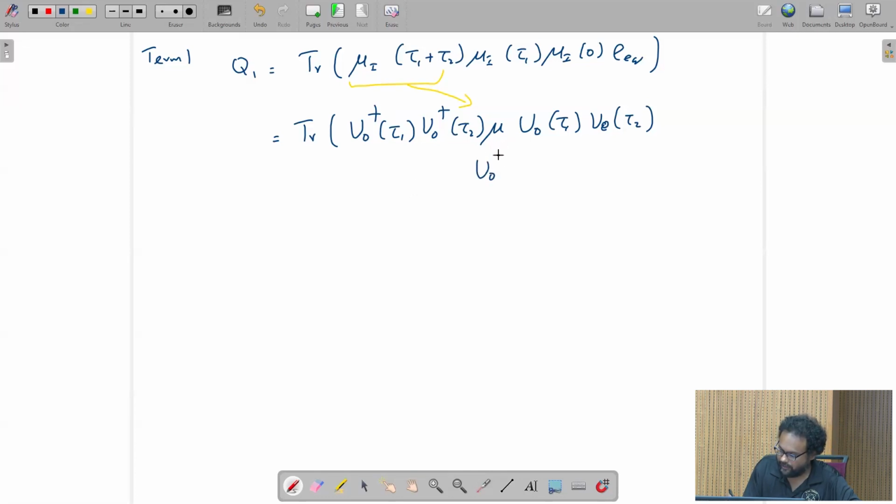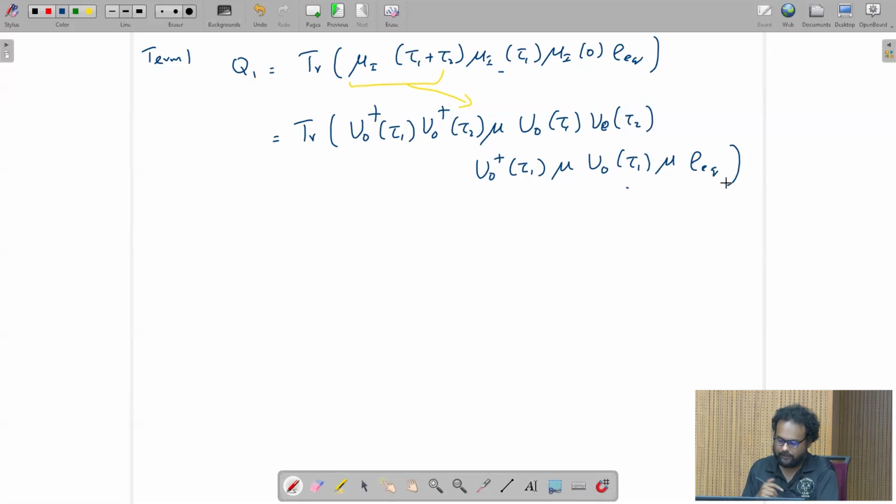That will be U naught dagger. Now I expanded this part in the Schrodinger picture like this. Of course, at time 0, there is no time evolution happening, so the Schrodinger and interaction pictures are going to lead to the same mu. I'm going to leave mu I of 0 to be mu.